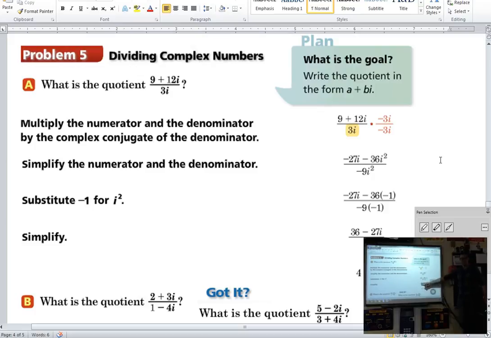Then I can split this, because just like our division rules, if we had a binomial on top and a monomial on bottom, 36 divided by 9 gives me the 4. -27i divided by 9, again, treat it like it's a variable, even though it's not. -27 divided by 9 is -3, and the i comes along for the ride. We get one complex number in the end.